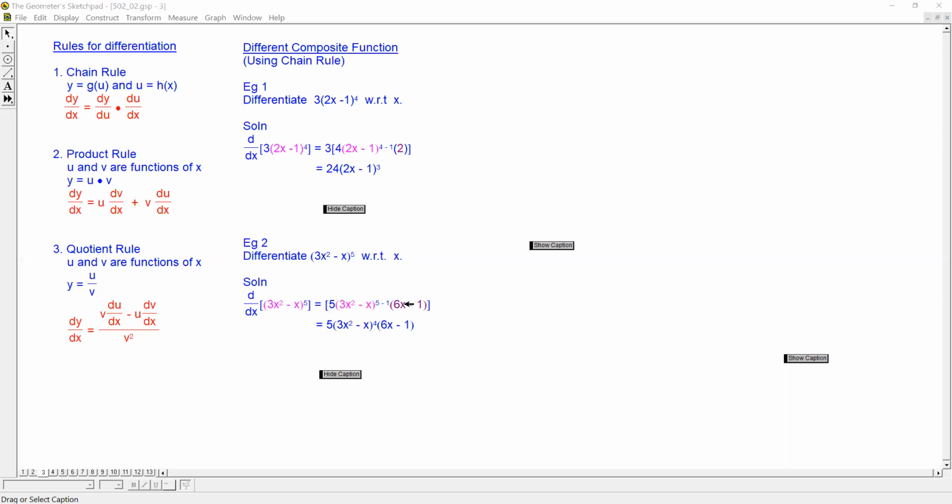After you put in front, the 5 less by 1 becomes 4. But this is the first step only. Second step, differentiate what is inside the bracket. This is 6x minus 1. Differentiate this is 6x. Differentiate this is 1.